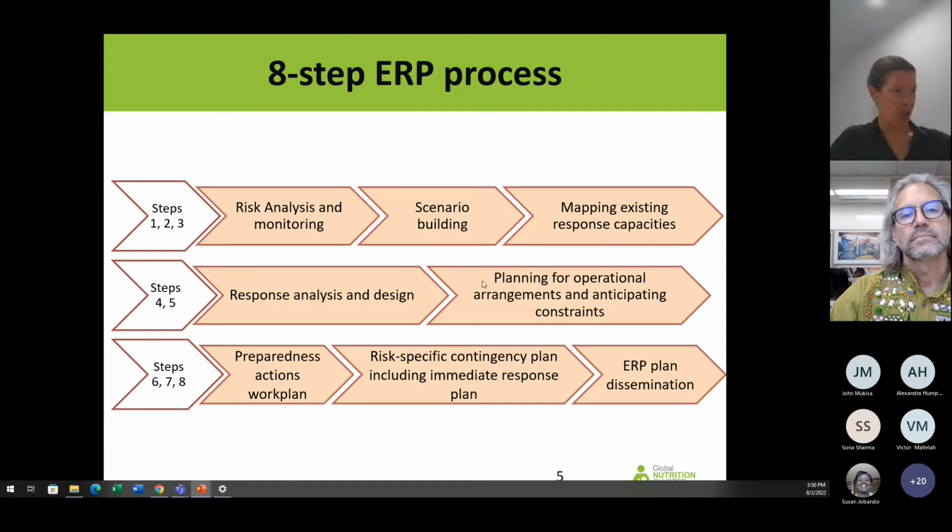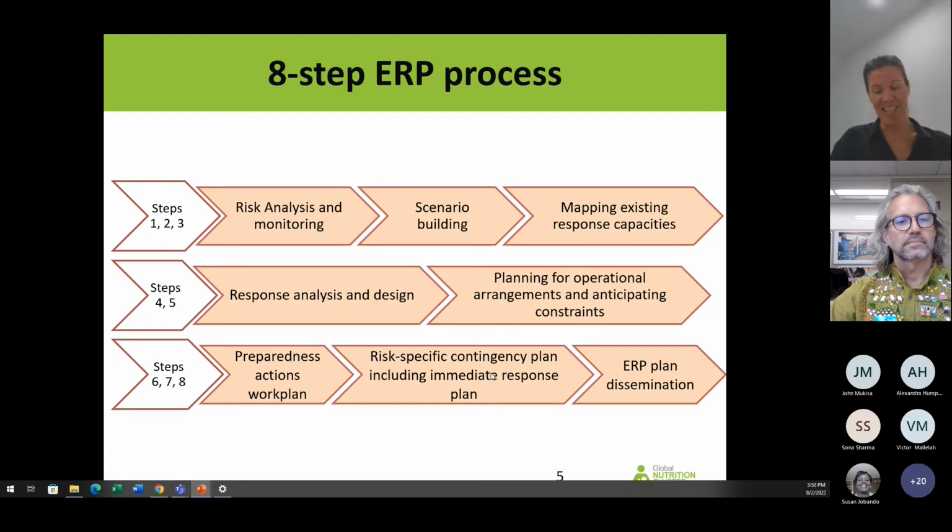And then, as I said earlier, for each of those steps we are going to identify key preparedness actions. So in step 6, we will consolidate all those preparedness actions into a work plan. It's a key output of our planning process, because this preparedness action work plan is how we are actually tangibly building our higher level of emergency preparedness.